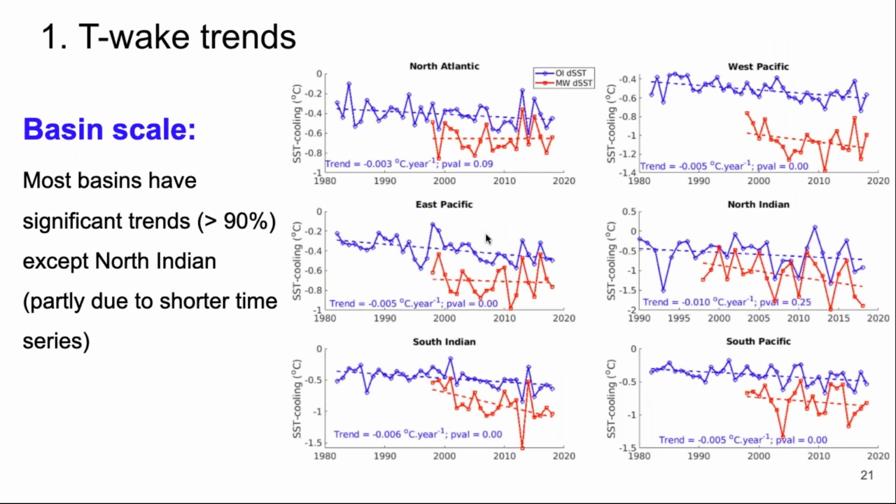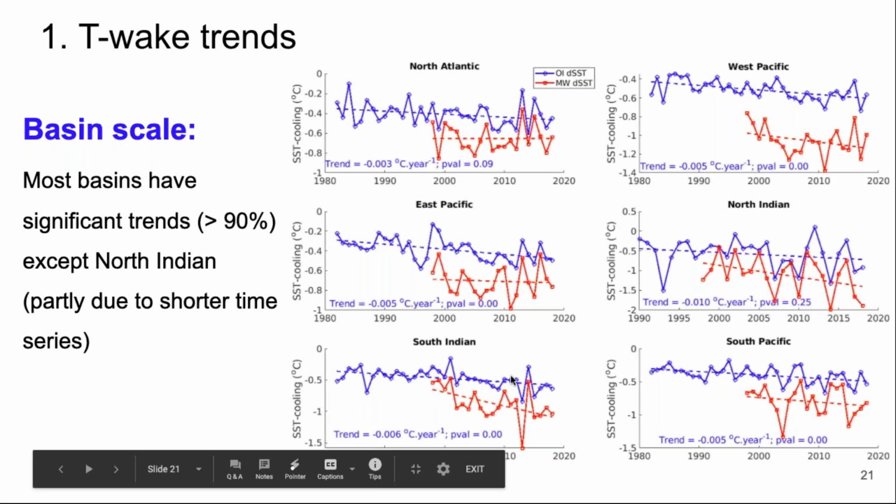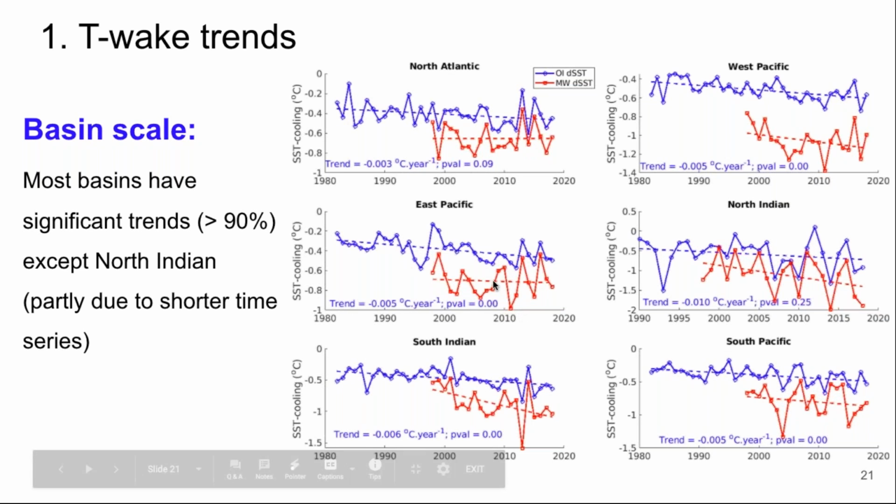And this is the result for the smaller development basins, from the North Atlantic to the South Pacific. Most basins have very significant trends, more than 90%, except for the North Indian Ocean, because for this basin the data is limited to the 1990s.